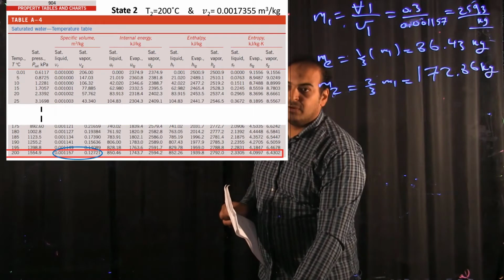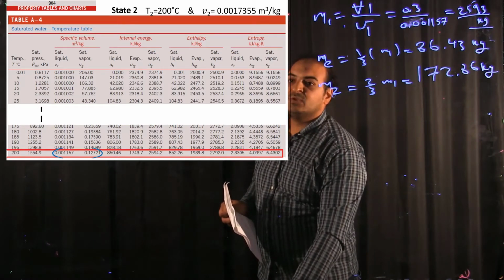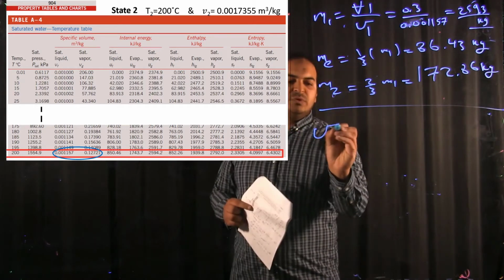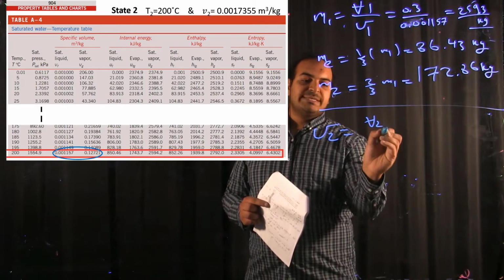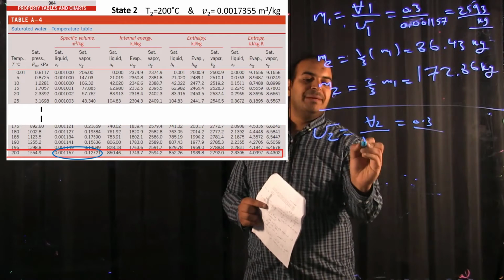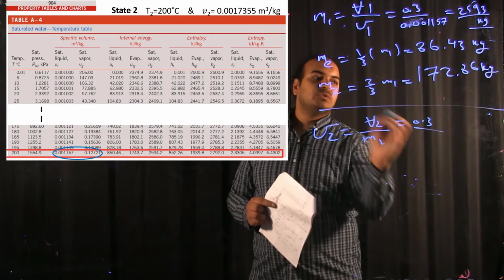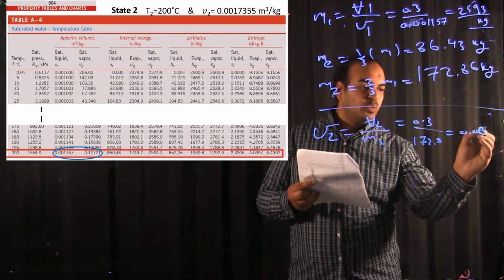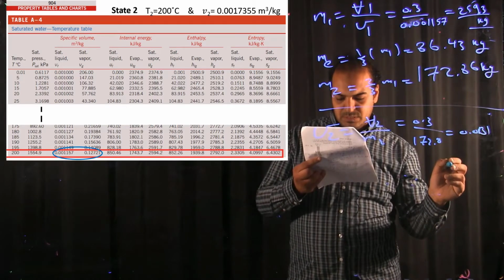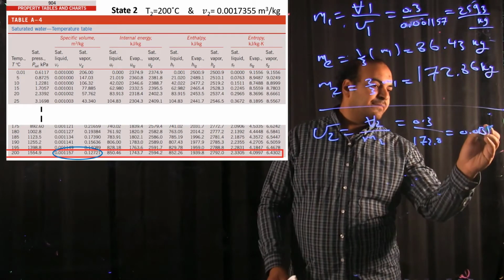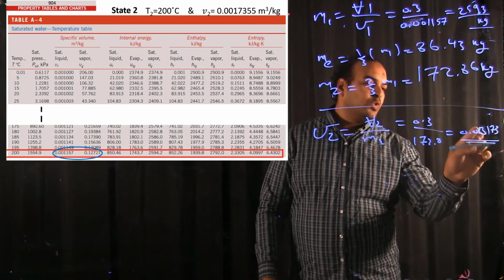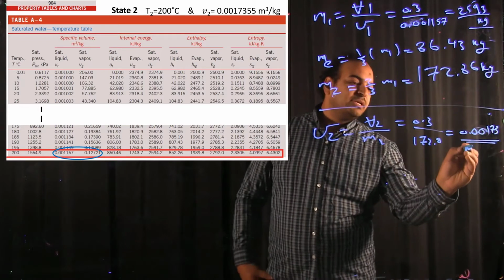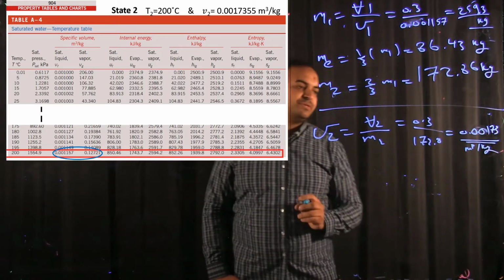State 2, very similar. We have V2. Now V2, specific volume, is volume 2, which is the same 0.3, divided by mass 2, which you already got. Mass 2 was 172.86, which is 0.00173 meter cube per kilogram, almost 1 liter.